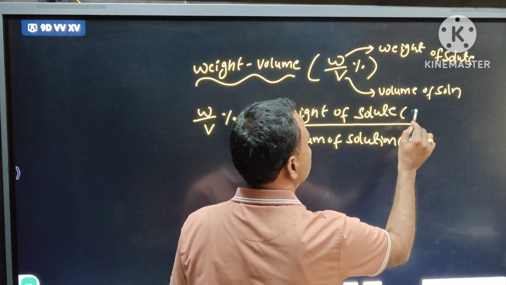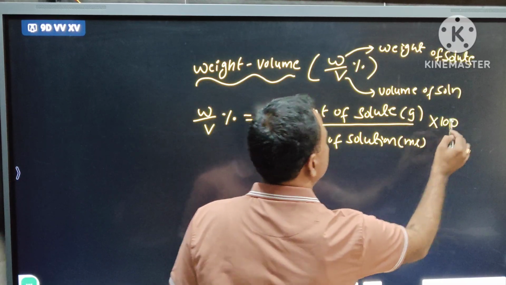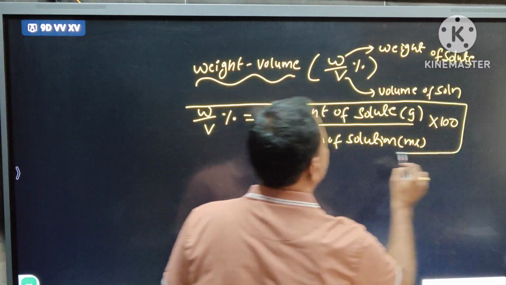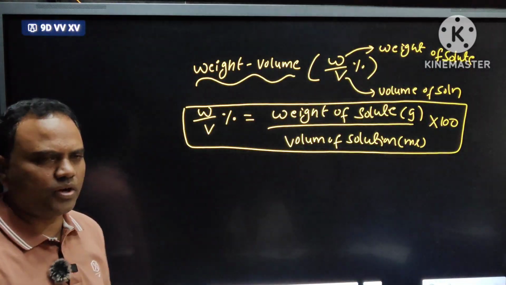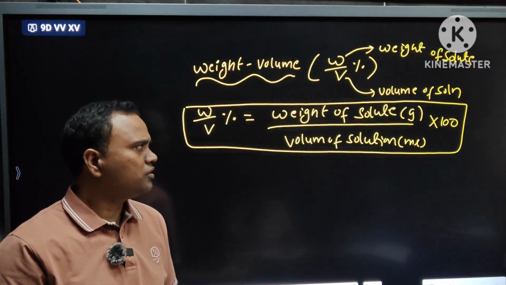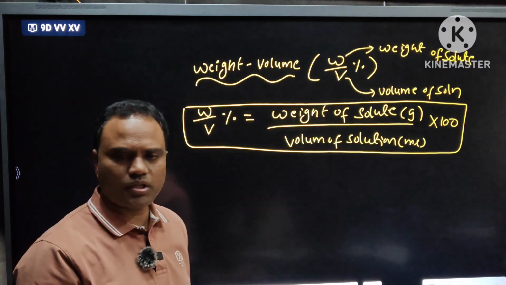This is in ml, this is in grams. So remember the weight volume percent formula: weight of the solute in grams by volume of the solution in ml, into 100.